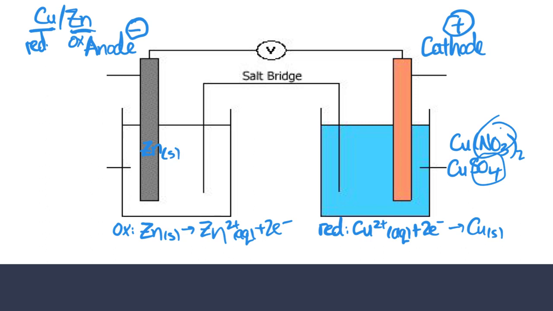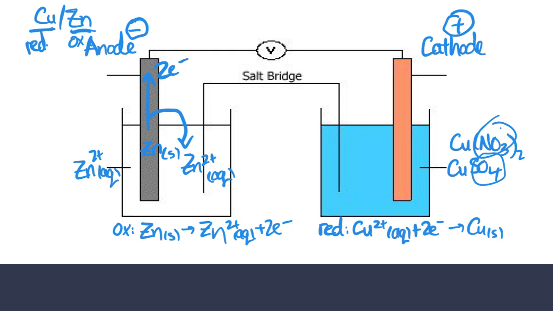And our reaction is saying that that zinc is going to react. It's going to produce 2 electrons. And then it's also going to deposit zinc 2 plus ions in solution. Again, this is probably a zinc 2 plus sort of solution. It might be a nitrate, might be a sulfate. Who knows? It doesn't really matter.